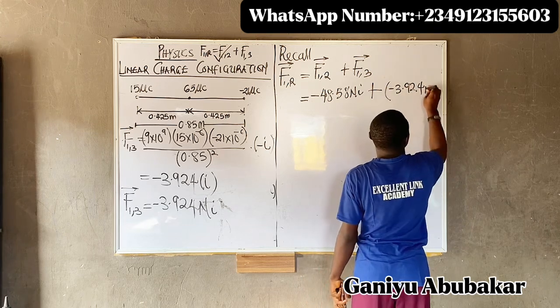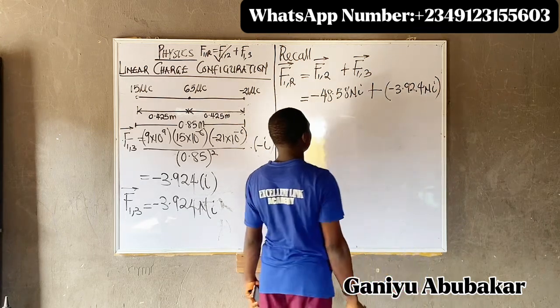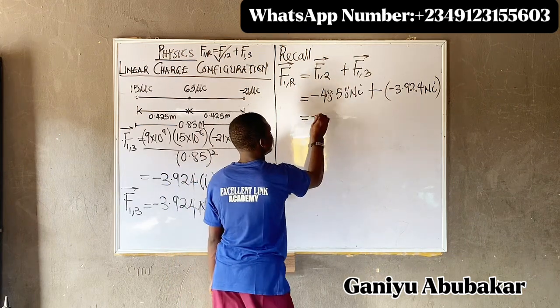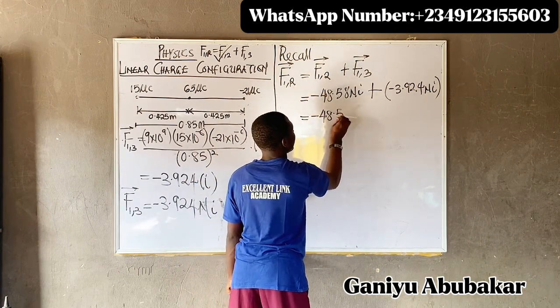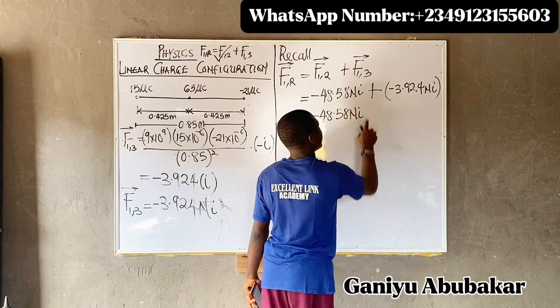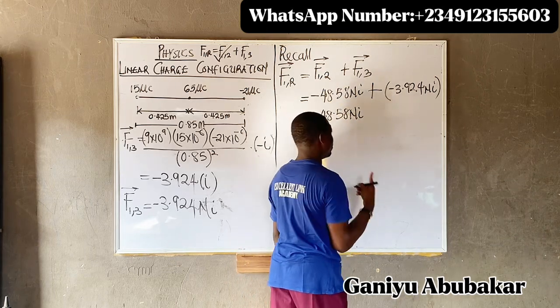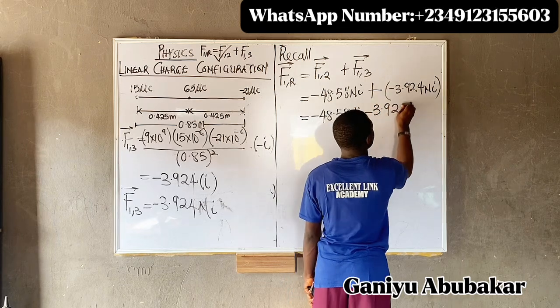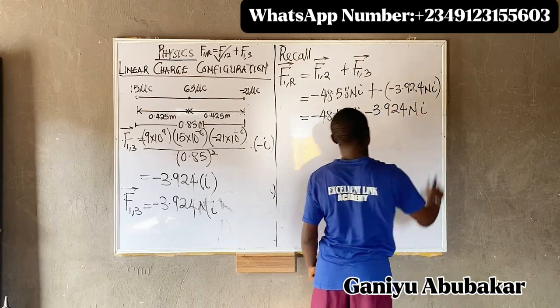3.924 Newton high. So if I'm to solve this here, this is now equal to this, repeat down, minus 48.58 Newton high. Plus minus will give minus. So I have minus 3.924 Newton high.